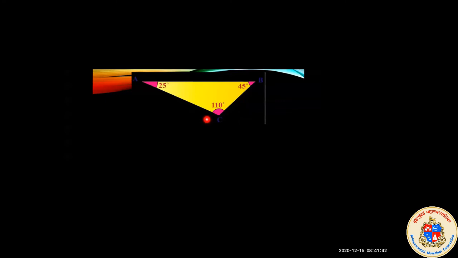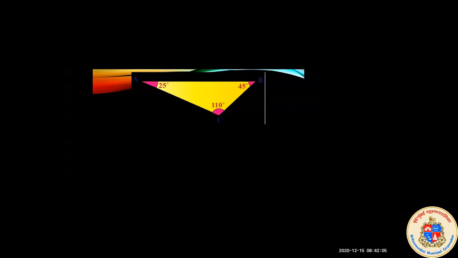Obtuse angle. Why is it an obtuse angle? Can you tell me? Because it is greater than 90 degree. Yes, 110 is greater than 90 degree. That's why it is an obtuse angle triangle.